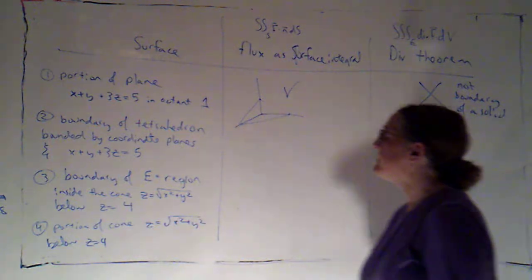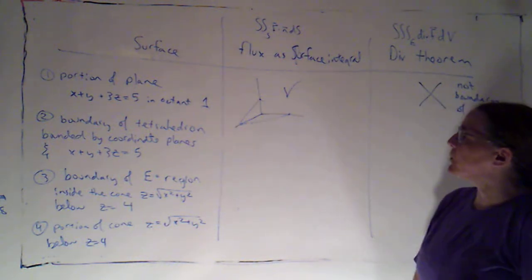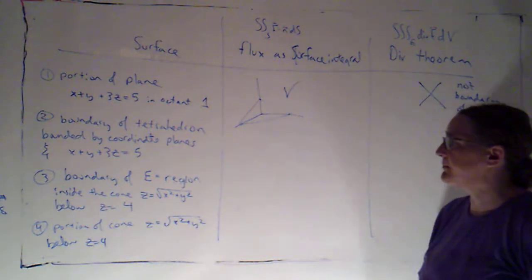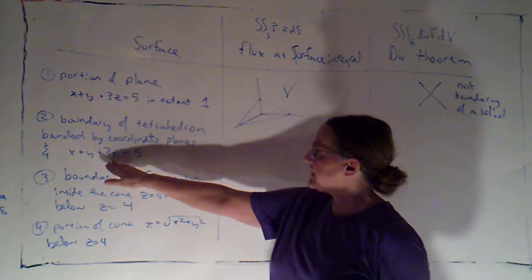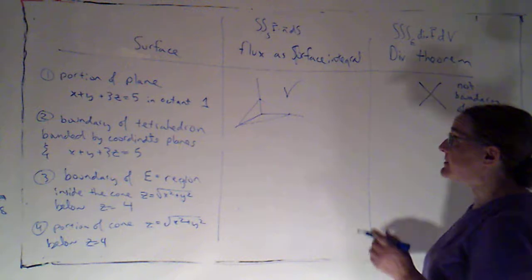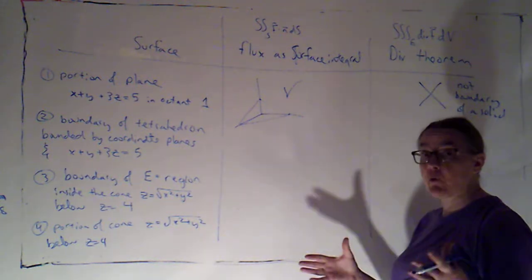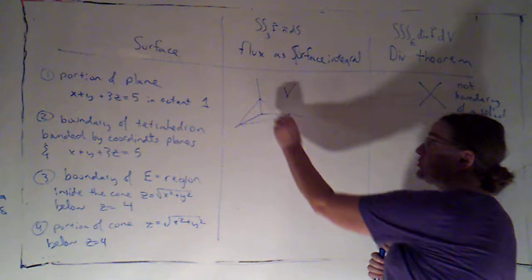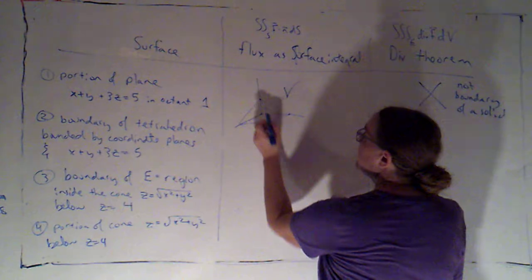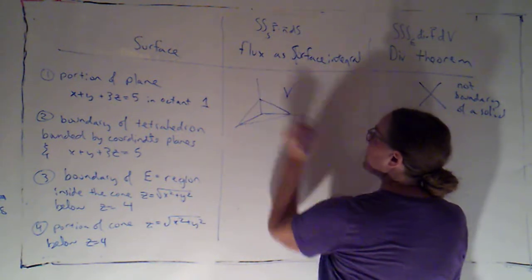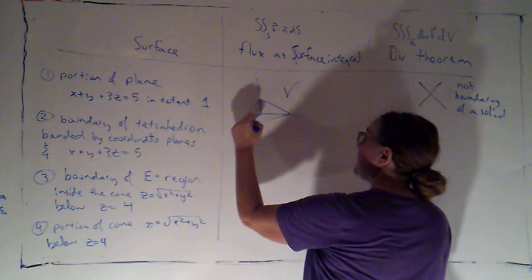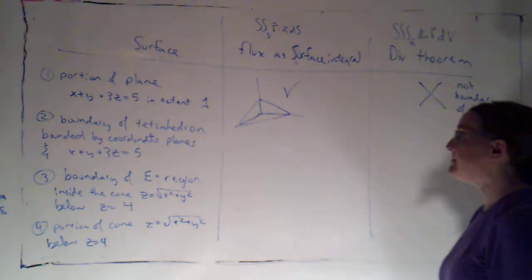Now, compare that to surface number 2, the boundary of the tetrahedron that's bounded by the coordinate planes and this fourth plane, x + y + 3z = 5. Now my surface is actually 4 surfaces. It's the boundary of the region enclosed here: this portion of the plane together with a triangular region in the yz plane, one in the xy plane, and one in the xz plane.